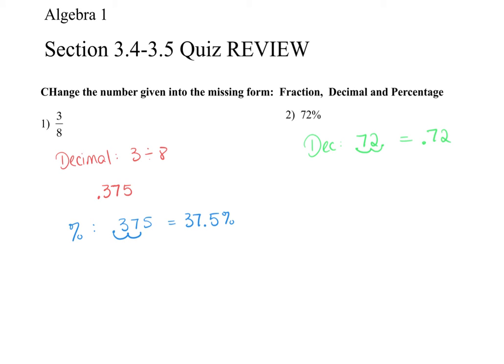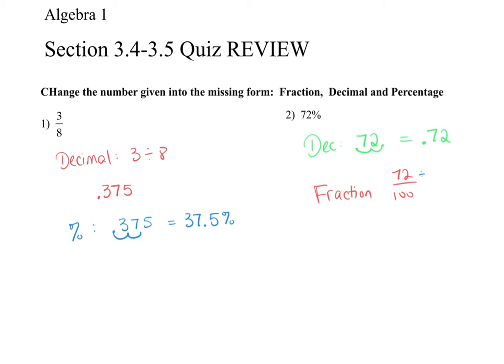For fraction form, you're just going to take that number, whatever it is in percent form, and you're going to put it over 100. And of course, you do want to reduce here. What goes into both 72 and 100? 2 does, right?